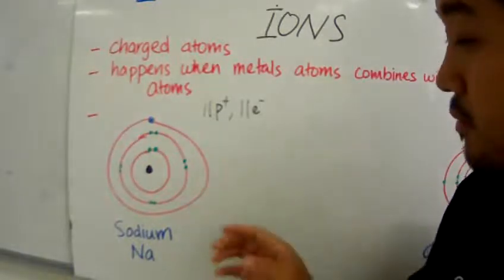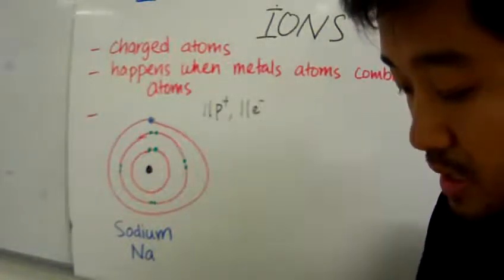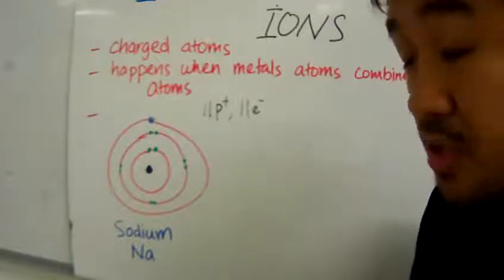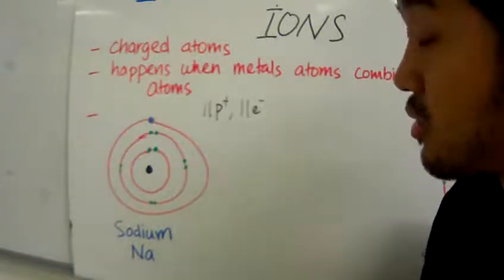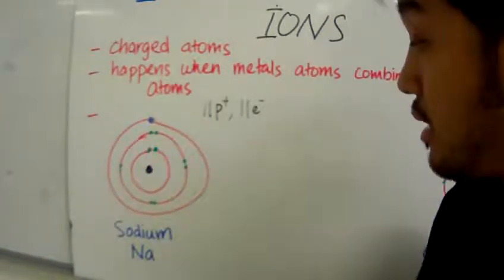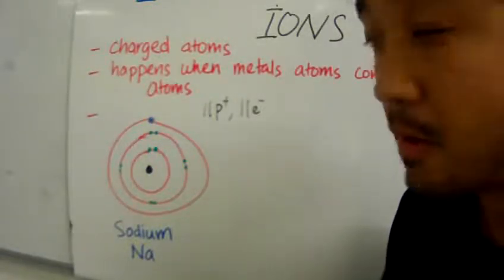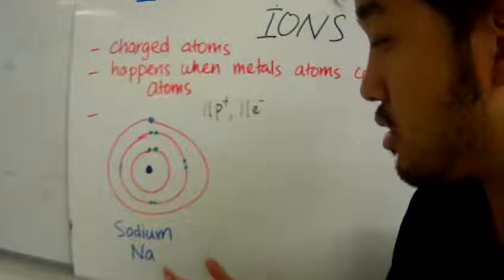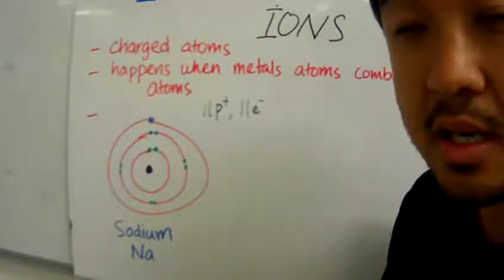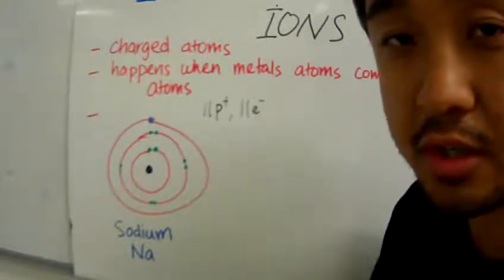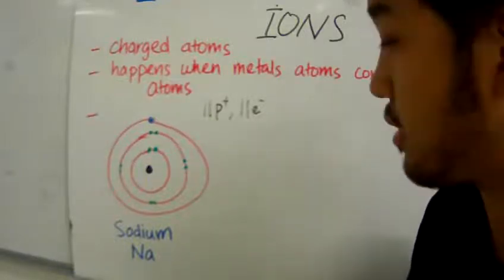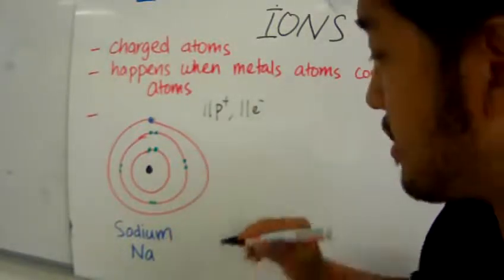When the atoms come close together, sodium is going to give out that electron. And the reason is because when it gives out that electron, sodium's energy level is now very favorable, okay? And we'll talk about energy some other time.